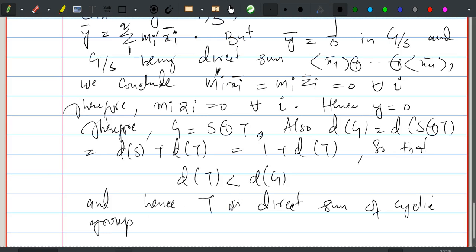So if T is a direct sum of cyclic groups, put that combination over here, and we are done. So this was the basis theorem.